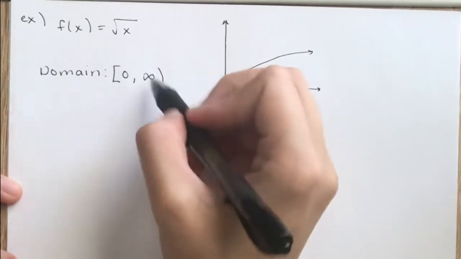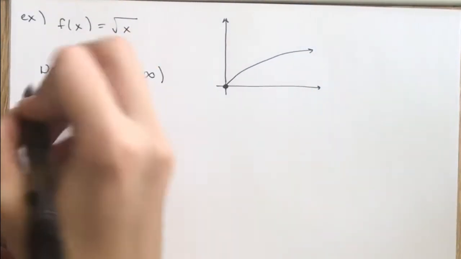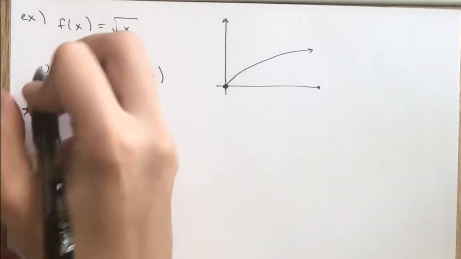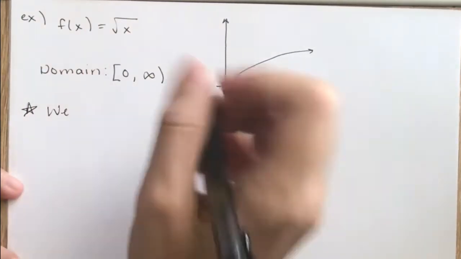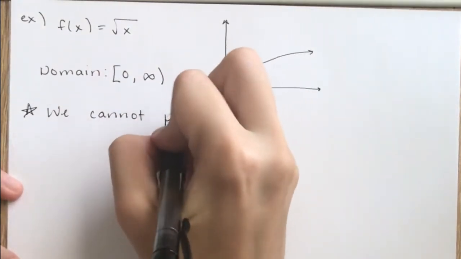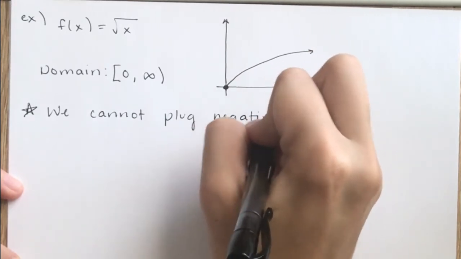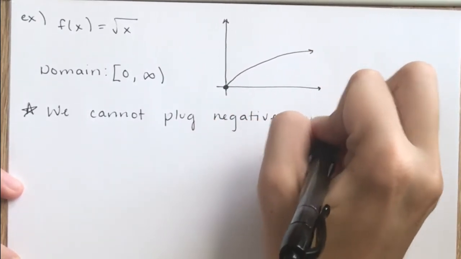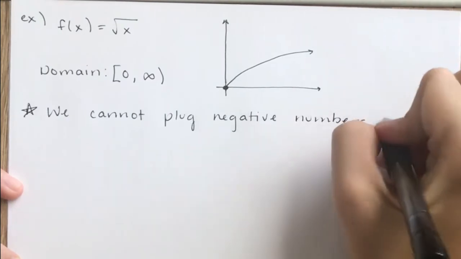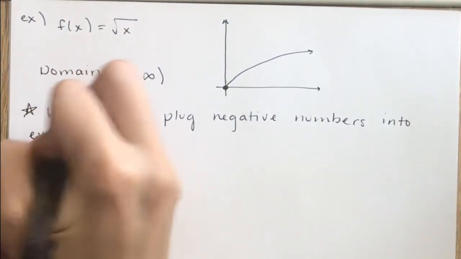But our domain is just 0 and all positive numbers. Why is that? Well, we cannot plug negative numbers into even roots.